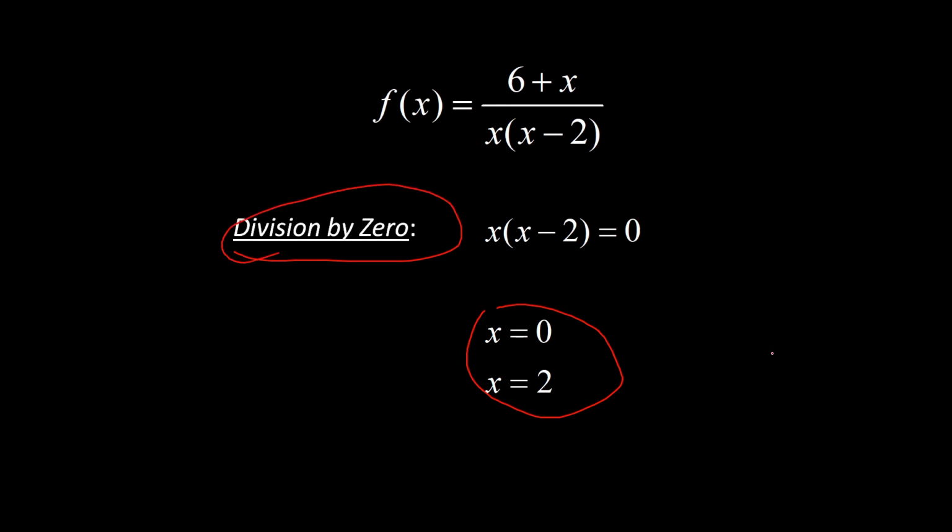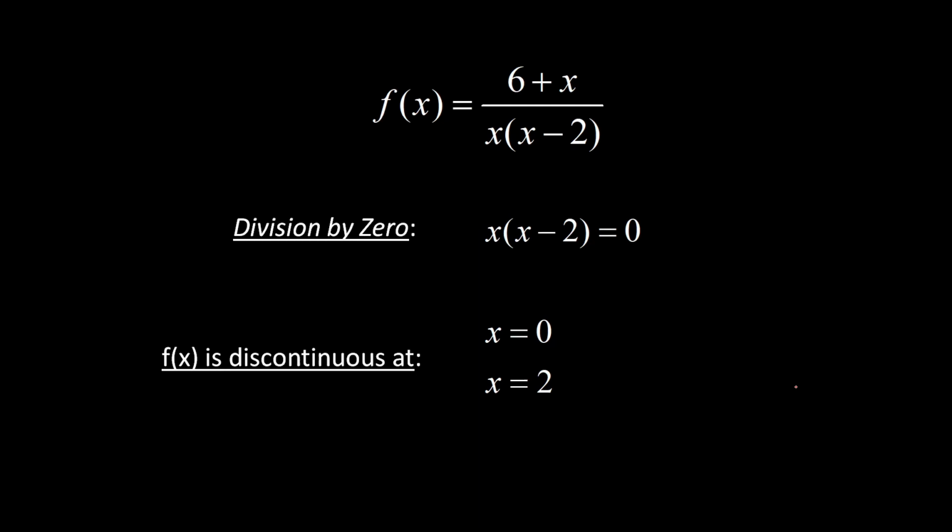And division by 0 causes the function to be undefined. And so we know these two places then is where the function's discontinuous. We know it's discontinuous because property 1 fails. The function is not defined at 0 and 2. Thus, it can't be continuous. It fails property 1.